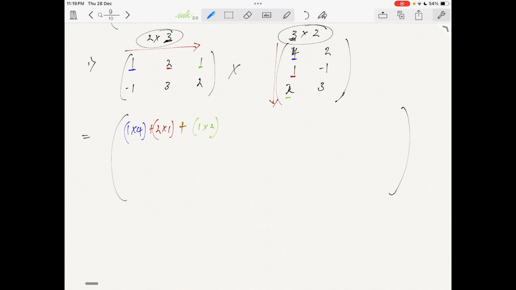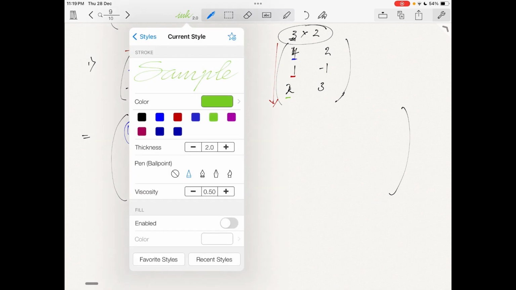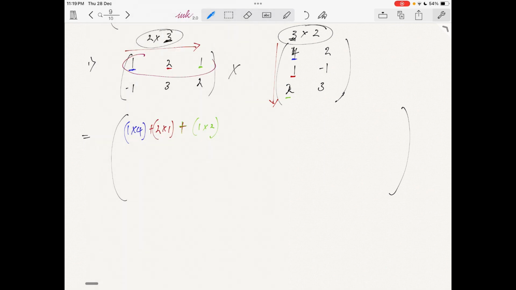All right, so we are understanding that we are taking this multiplied by this. They have the same number of elements, so we take them in order: 1 multiplied by 4, 2 multiplied by 1, 1 multiplied by 2. With that done, we have arrived at a solution for the first element of the resulting matrix.